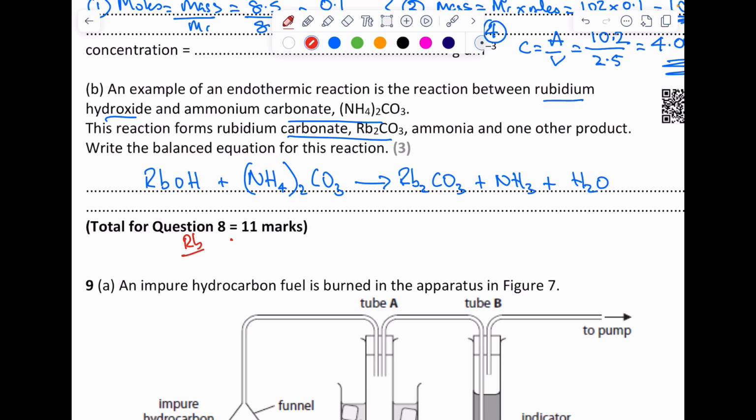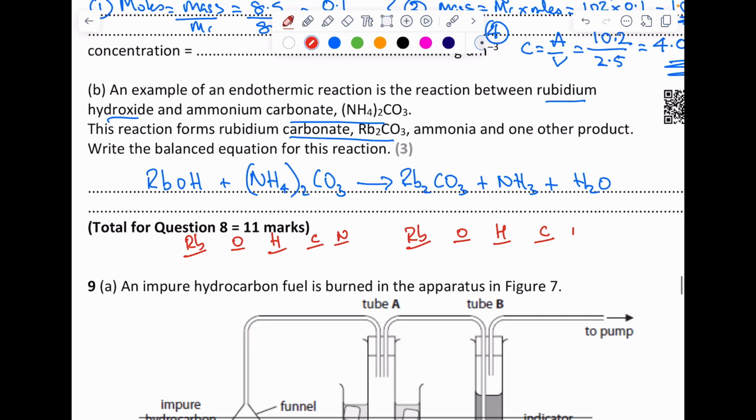Right, over here, let's change colour. Rubidium on this side, then we've got oxygens, then we've got hydrogens, and then we have got carbons. Put them in the same order over here. So I've got rubidium, oxygen, hydrogen, and carbon, and I've actually missed off the nitrogen, so let's stick nitrogen in as well.